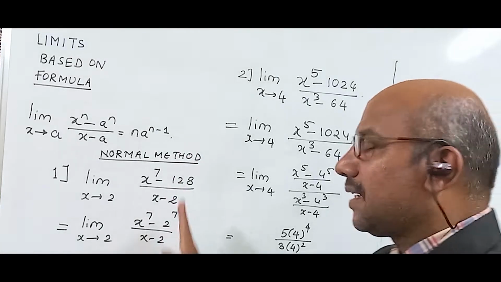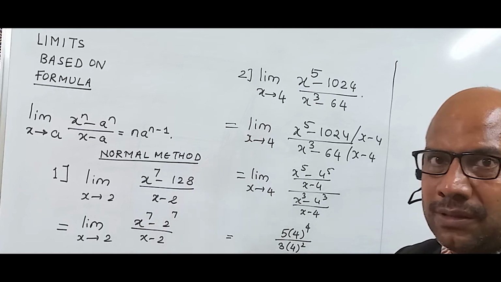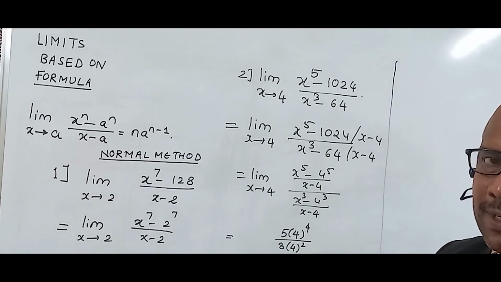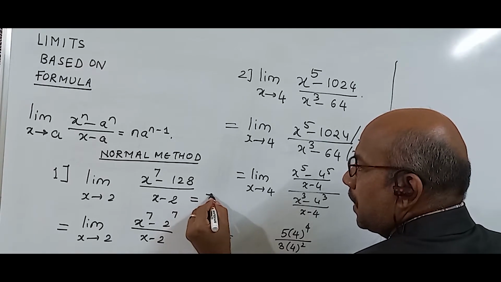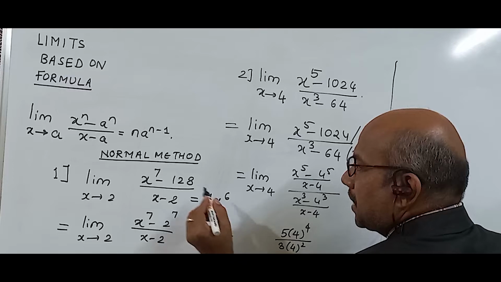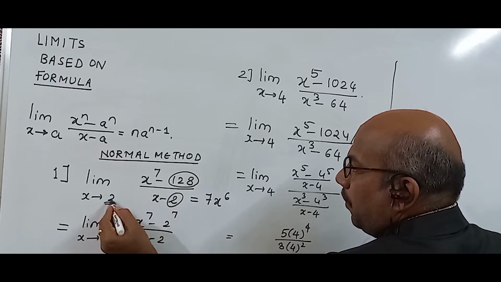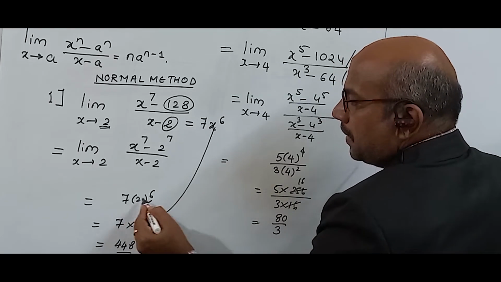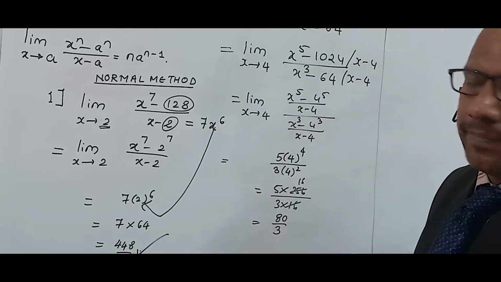So look, this is the direct solution. Every time it will take 1-2 minutes. But now when you apply L'Hopital rule, look, 7x raised to 6, derivative of constant is 0, and now applying the value of limit 2, directly you are getting this step, 7 into 2 raised to 6, and your answer will come much faster.